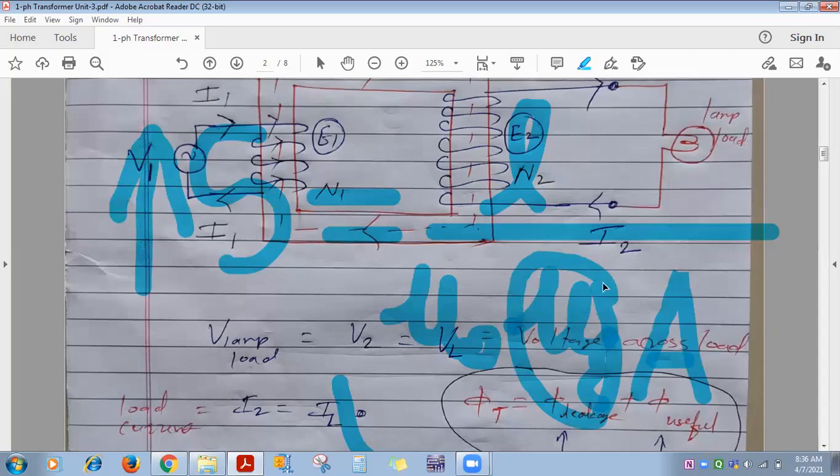Silicon steel relative permeability is very high, in few thousands. And relative permeability for air is only 1. If you compare the opposition, that is reluctance S, offered by air and by silicon steel, silicon steel will offer less opposition to the flow of flux.